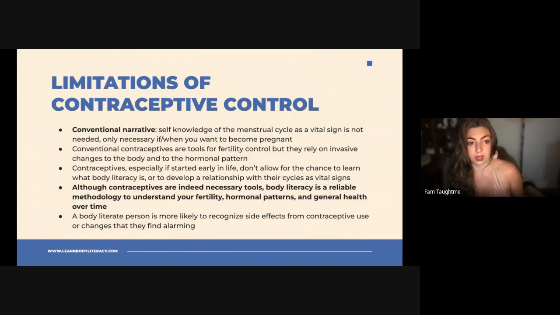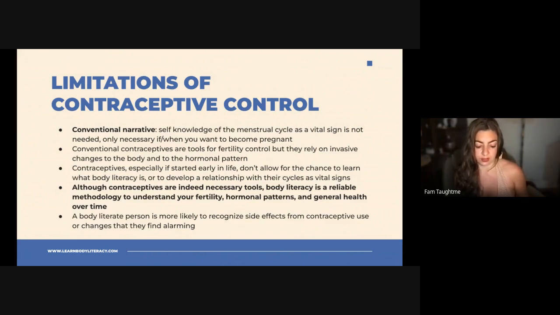However, they do rely on invasive changes to the body, and of course, a lot of them alter the hormonal pattern. So contraceptives, when they're started early in life especially, don't allow for the chance for that person to learn what body literacy is or to develop a relationship with their cycle as a vital sign. So although contraceptives are obviously necessary tools, body literacy is also a reliable methodology to understand your fertility, hormonal patterns, and general health over time.